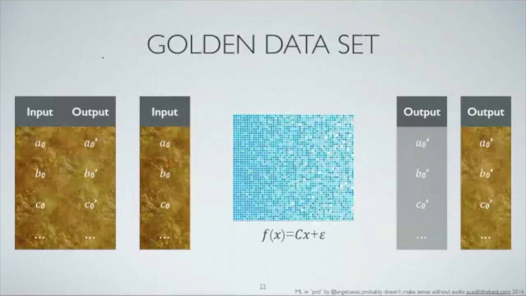In terms of a golden data set, this is pretty much obvious in hindsight, but I've seen a lot of production environments that don't employ this. What I mean by this is you have an input and an output that worked in the research environment, and we call that the golden data set. We separate the input from the output, and we give the input to our development team, who is going to build a machine that is some function of the thing that we build, plus some error.